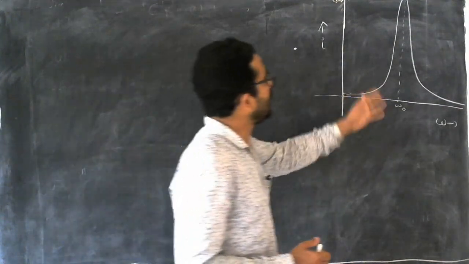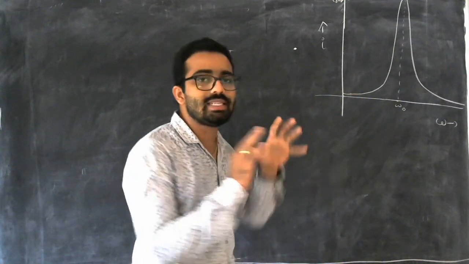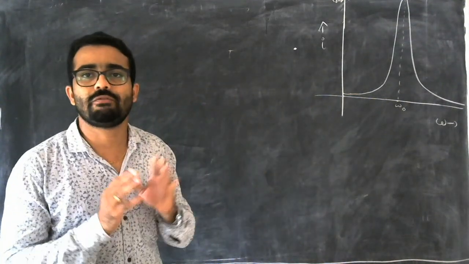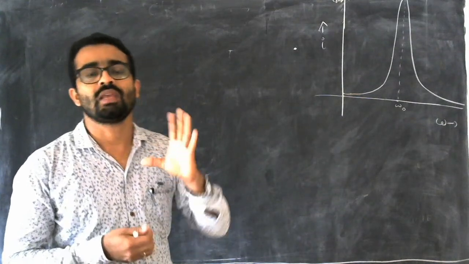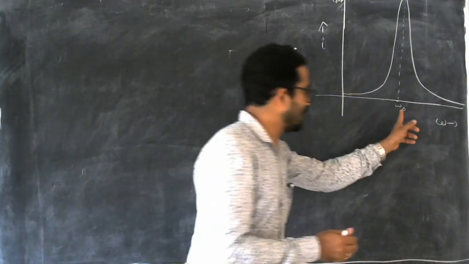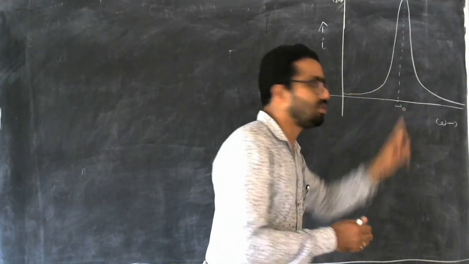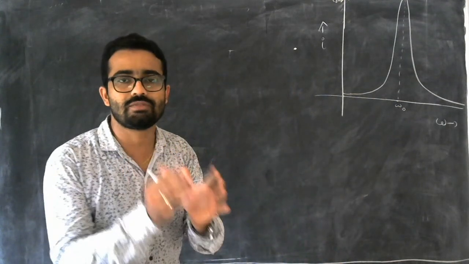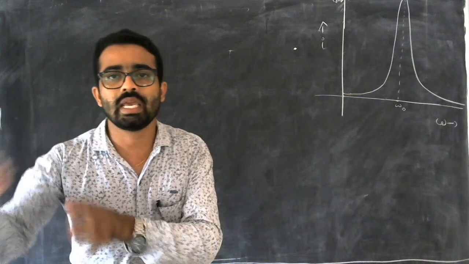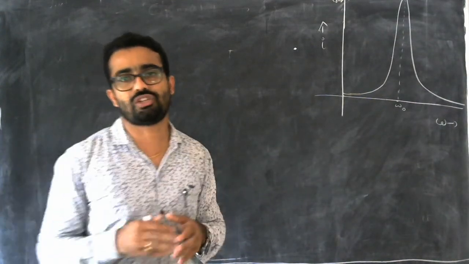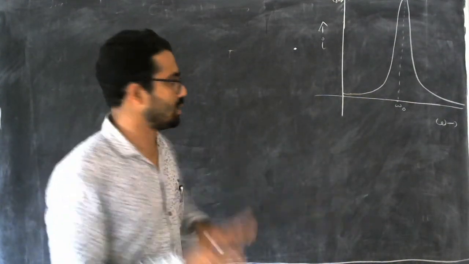So in the LCR circuit, by adjusting the values of L and C, we can select one frequency. That can be called the resonant frequency. If that resonant frequency becomes equal to the frequency of any object, then resonance happens.